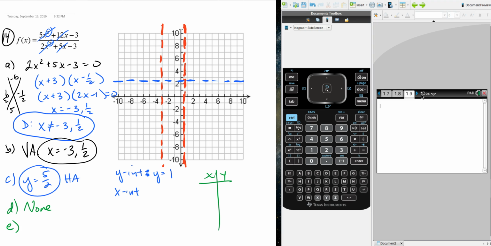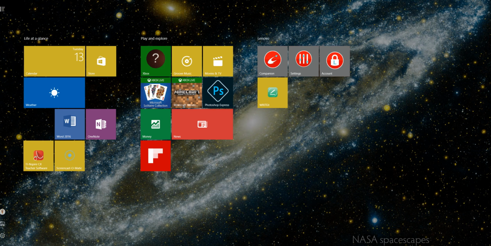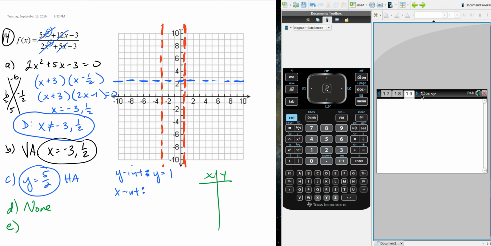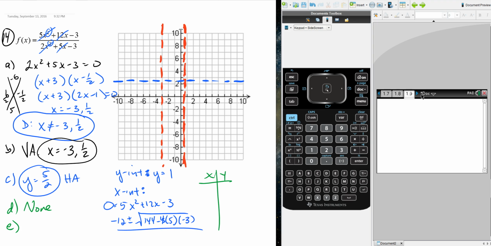And the x-intercept is when the numerator is equal to 0, which is 5x squared plus 12x minus 3. So that equals 0. Use the quadratic formula. -12 plus or minus the square root of 144 minus 4 times 5 times -3, all over 10. Can do some quick math over here. 144 minus 4 times 5 times -3.